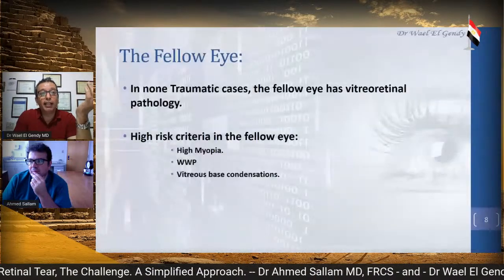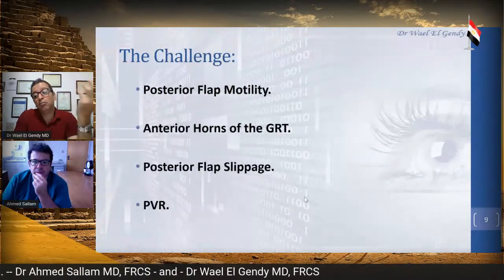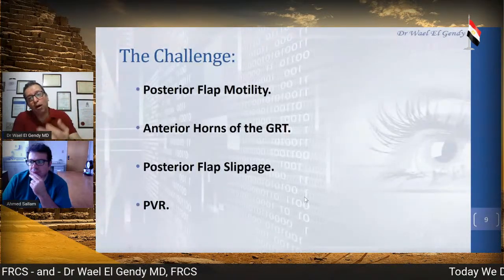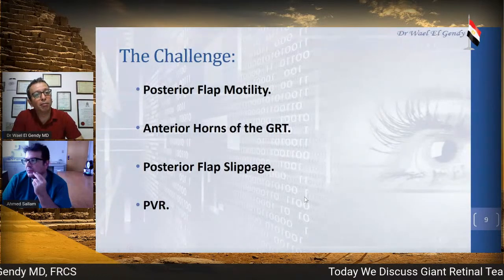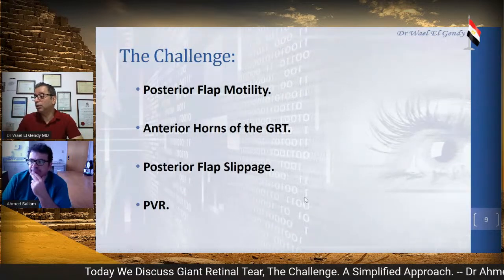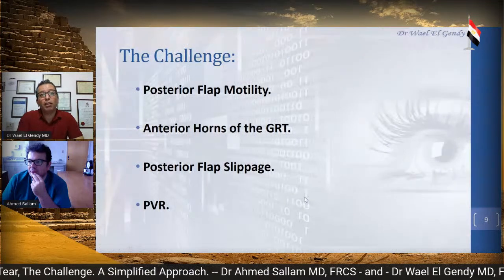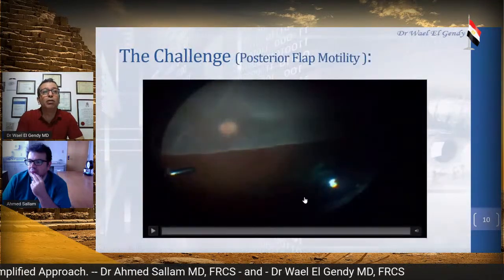And if you see that, then I think we need to follow this patient closely, and maybe we can offer the scleral buckle, but I think a scleral buckle is a very radical surgery for an eye that doesn't have a detachment. So maybe we can just follow.